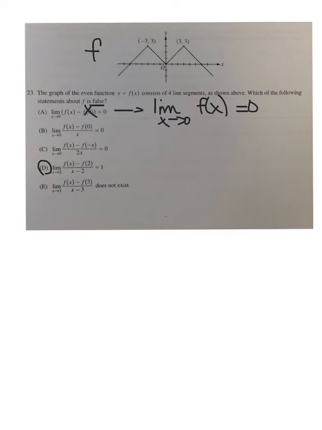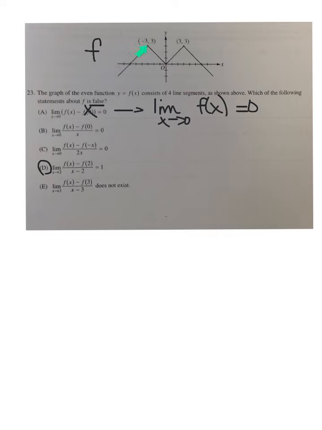Okay, now choice C. This one's a little bit trickier. I had to think about this one. They tell you it's an even function. So do you agree that whatever number we have here, this would be the same number? Let me give you an example. Let's say we put a number in here, like 3. So f of 3 is up here, right? Then this would be f of negative 3.